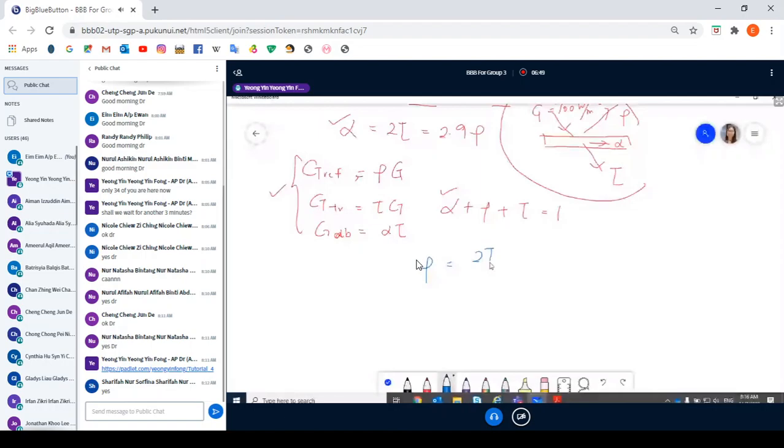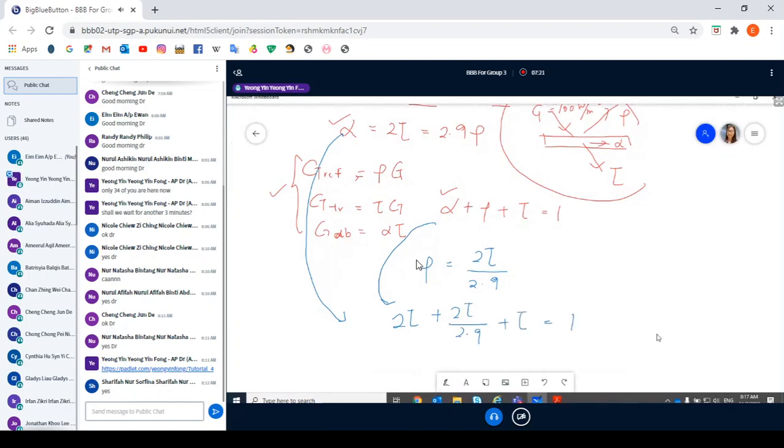And then from here, I can put it in this way, and then from here, plus, equals to 1.